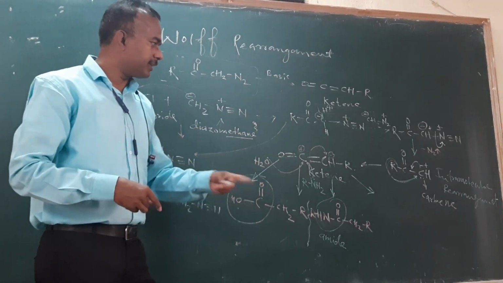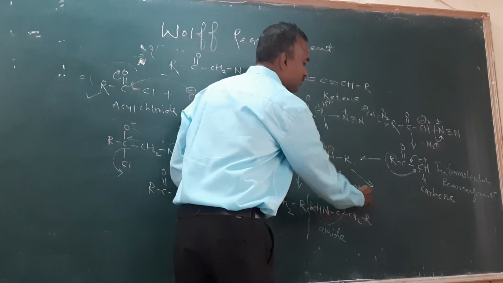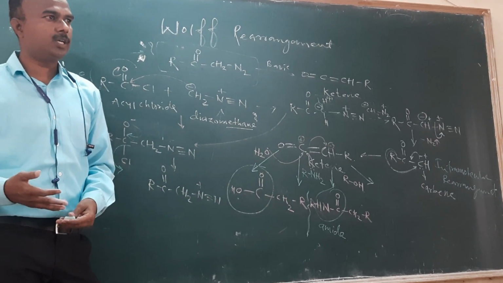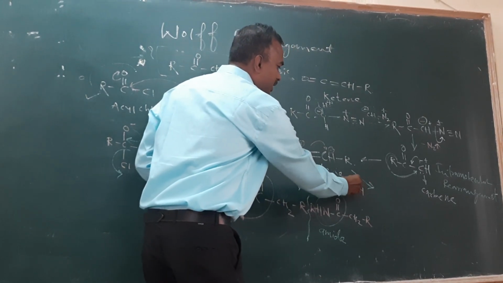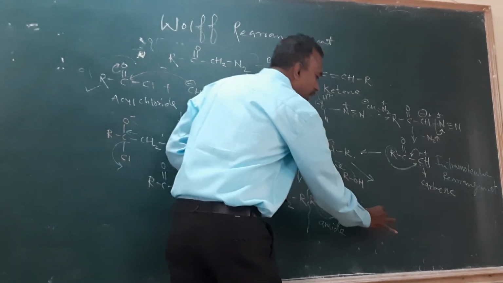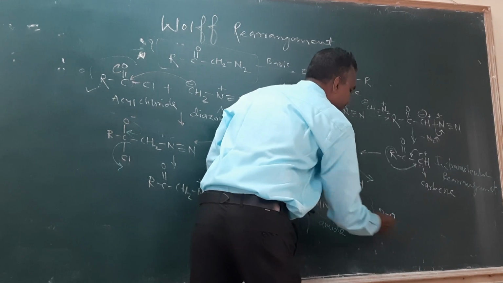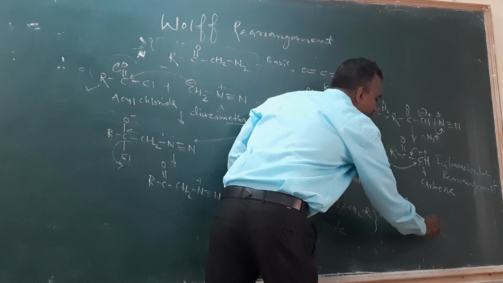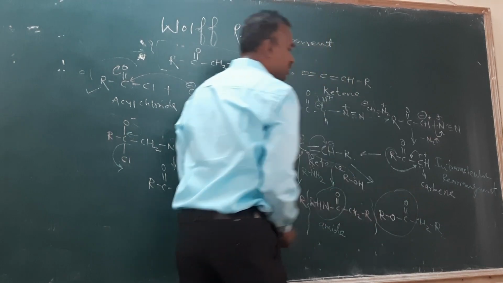Now the third case, if you add alcohol, either methanol, ethanol, propanol or anyone, what will you get here? Again this lone pair will attack on the carbonyl carbon and you will end up with, what is this functional group called?